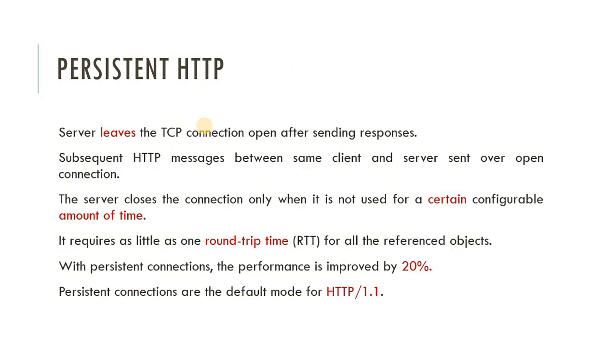Persistent HTTP means the server leaves the TCP connection open for some time, and a request that comes in that time is directly responded to; a new connection is not created. After the time limit, a new connection is created and also remains open for the decided amount of time.